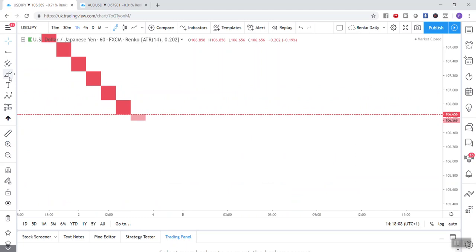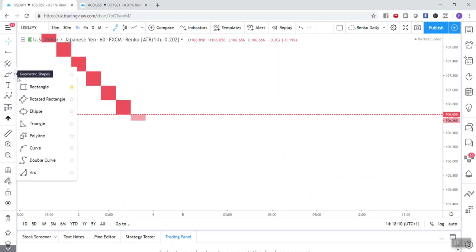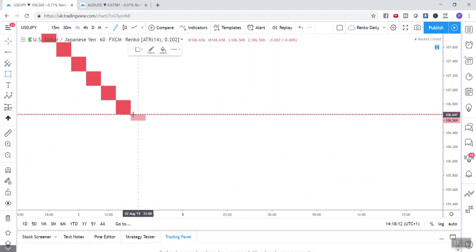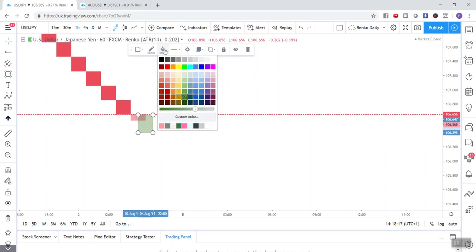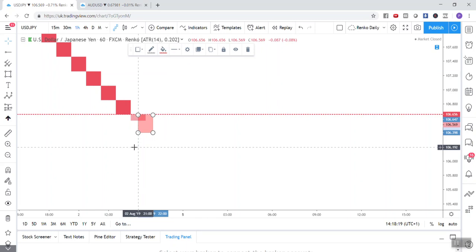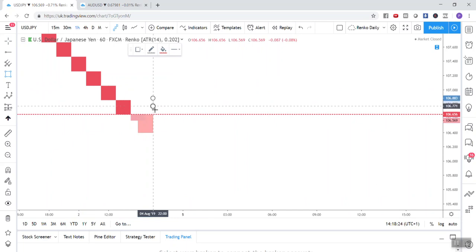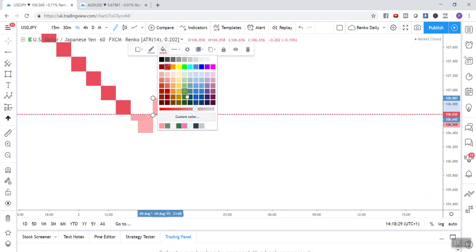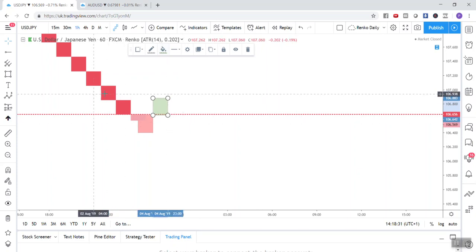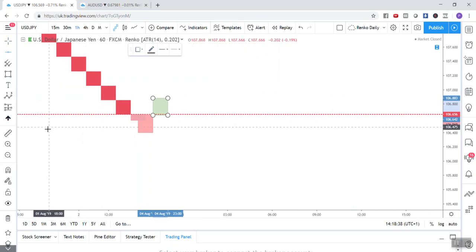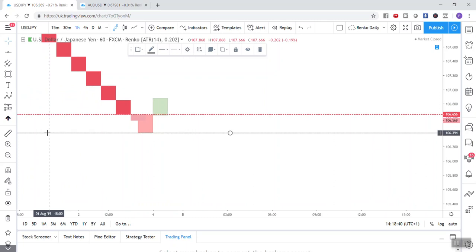Okay, so to get our swing low, we want another red brick followed by a green brick. There's your swing low. Red, red, green. Mark your support.